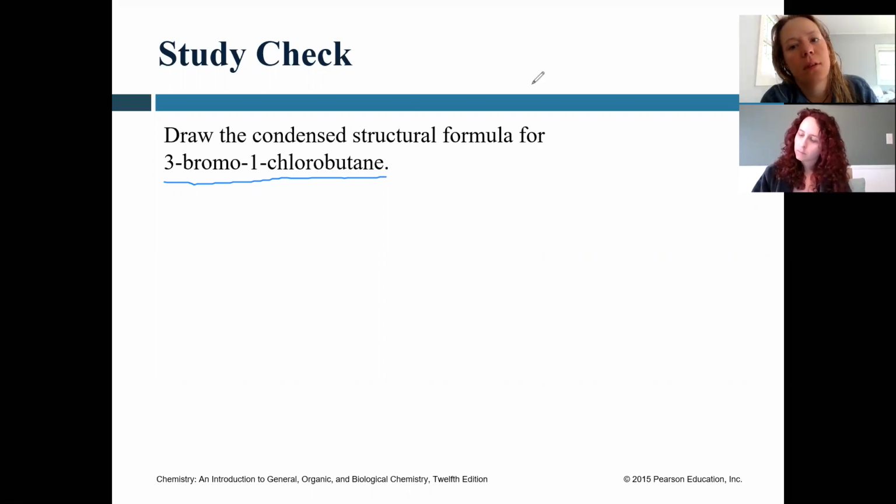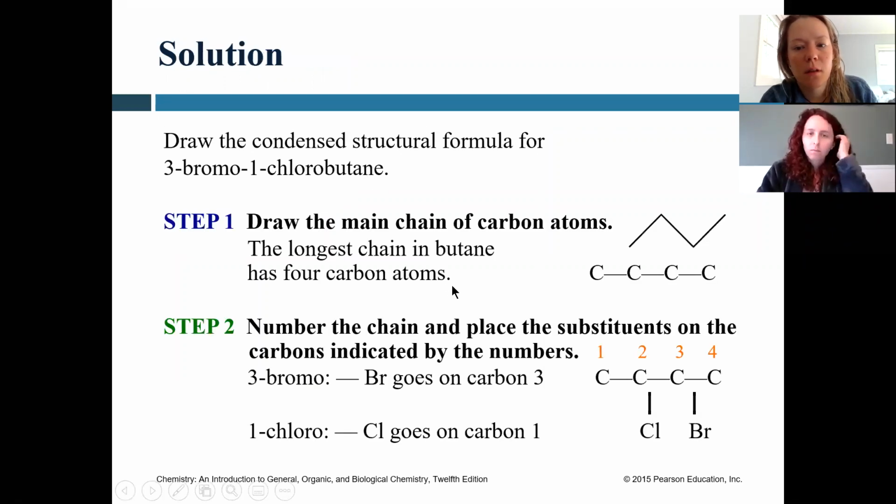Okay, so for this guy, the longest chain, butane, is 4 carbons. So we should draw a 4 carbon chain.